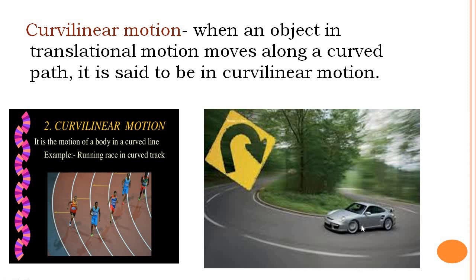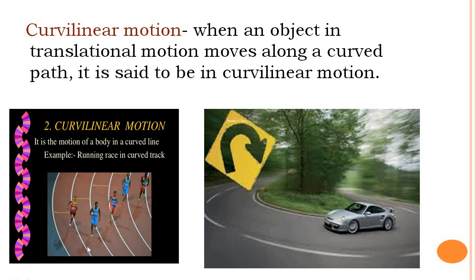As you can see in this picture also, when the car is taking a turn, it covers a curved path. That's why it is a curvilinear motion. When any vehicle moves on a road, all parts of the vehicle cover the same distance, so it will be a translational motion. But in this picture, it covers a curved path, so it is a curvilinear motion. And also when these athletes are running on the track, they run on a curved path.